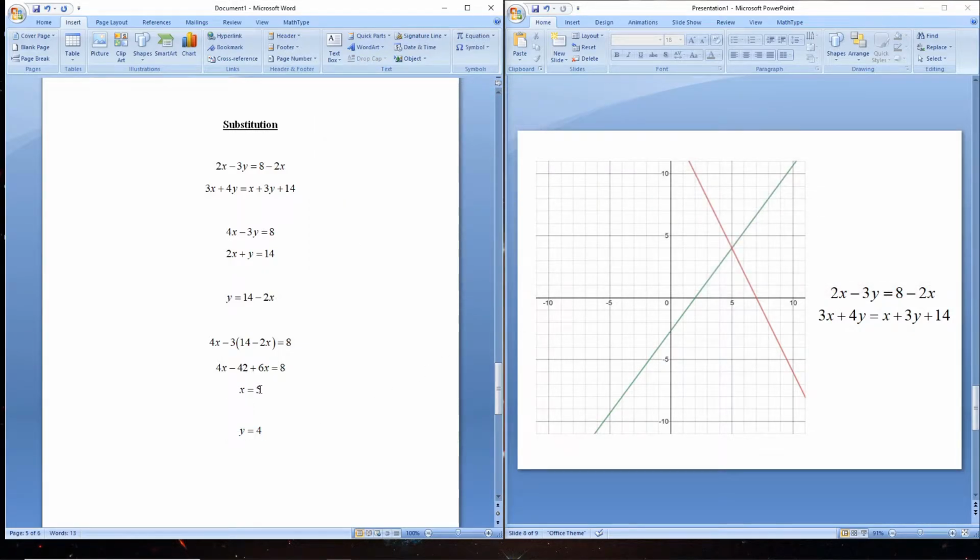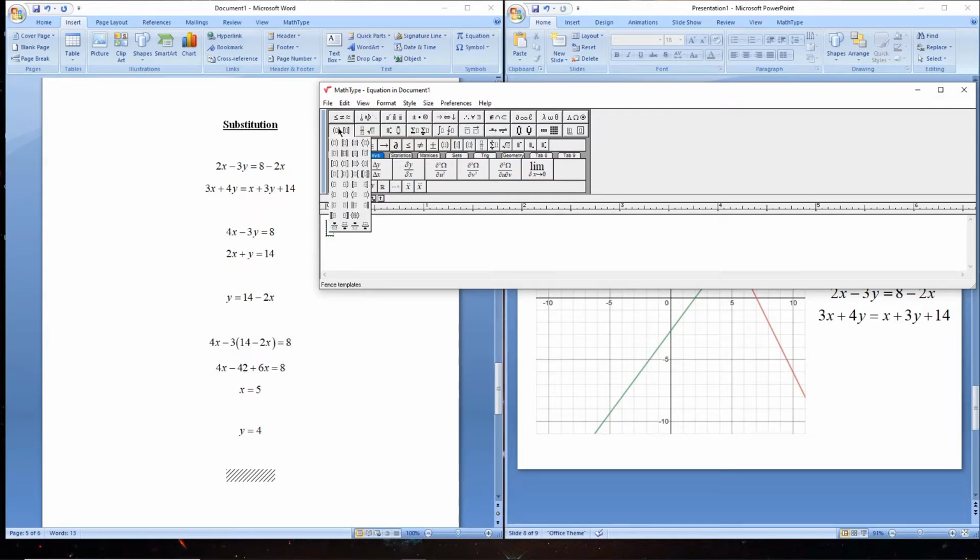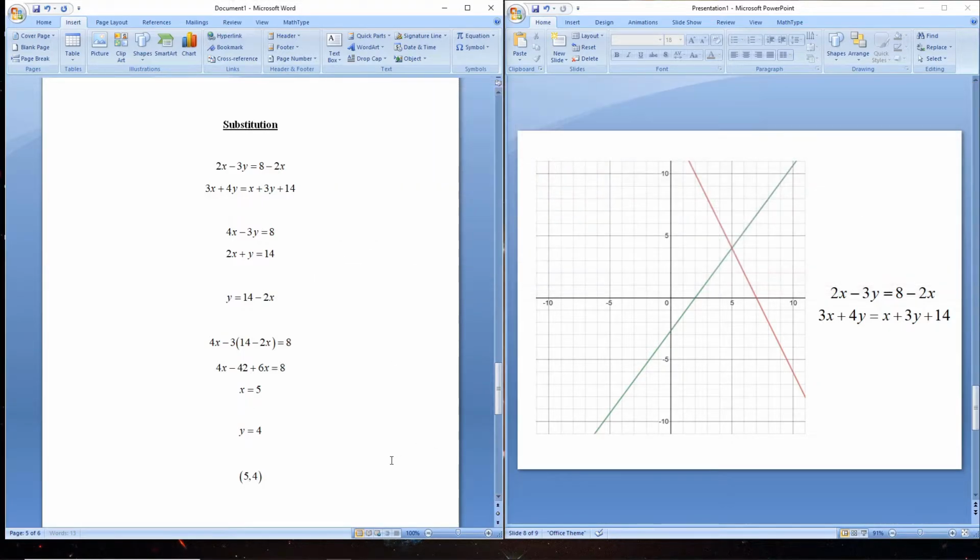So we have our x answer, we have our y answer, and the preferred way to write this is in ordered pair notation. And so we have x is 5 and y is 4. And that's our answer. And again, this is something you can check by plugging it back into the equations that we started with.